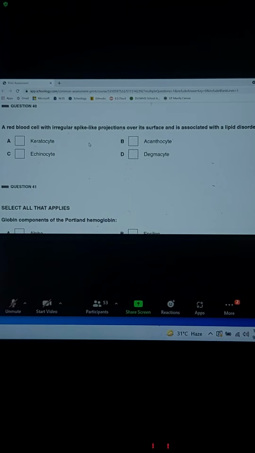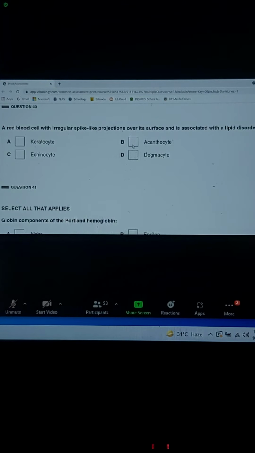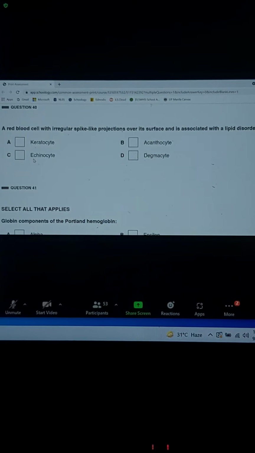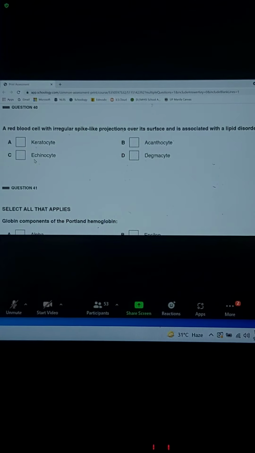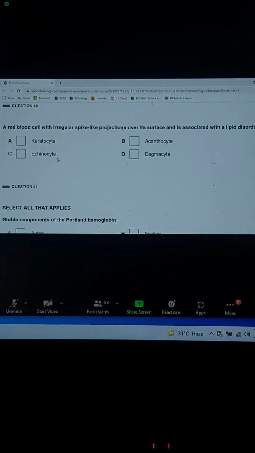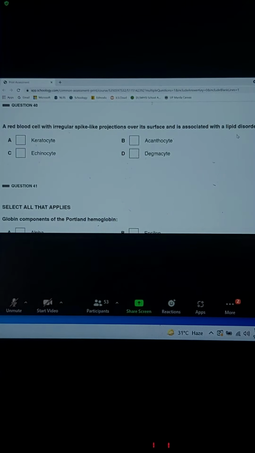Letter B. Letter B, acanthocyte. Di ba? Irregular. Si echinocytes or Burr cells, they are regular spike-like projections. And echinocytes or Burr cells, they are associated with uremia. Si acanthocyte, this is associated with abetalipoproteinemia, which is a lipid disorder.